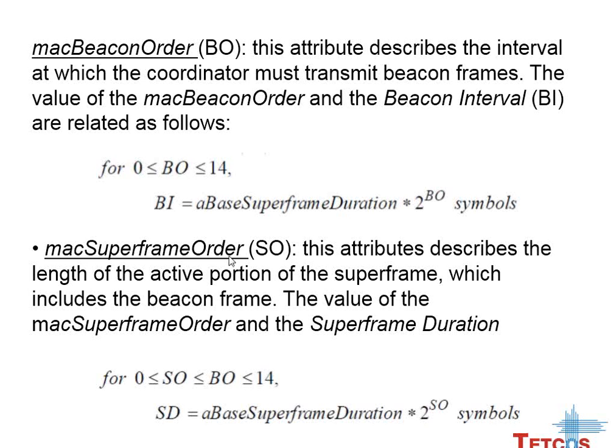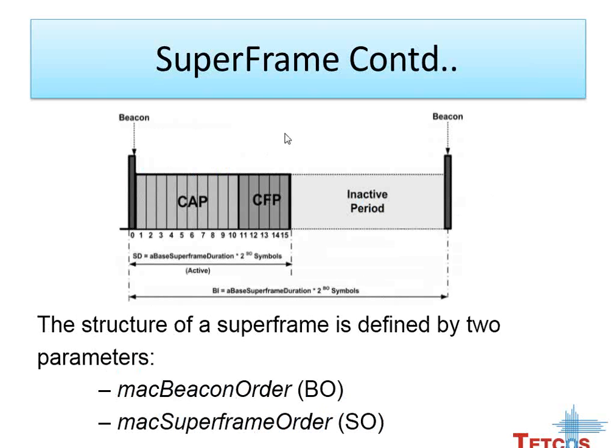So this is the formula of beacon interval, aBaseSuperframeDuration into 2 to the power BO symbols. aBaseSuperframeDuration is mainly around 15.36 milliseconds, and according to the protocol, the beacon order should lie between 0 to 14.